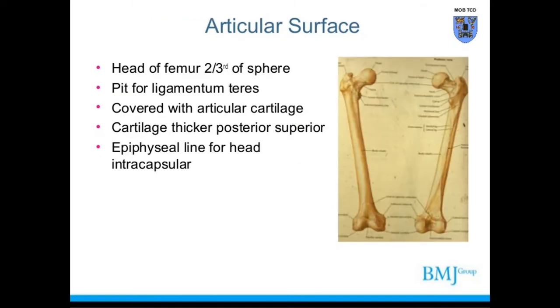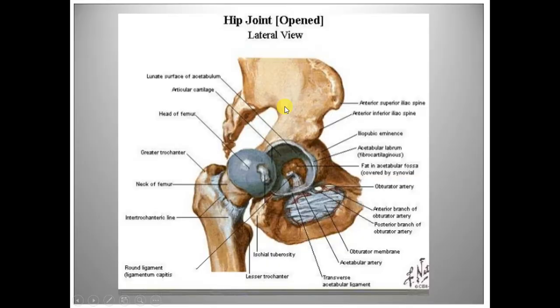The head of the femur is two-thirds of a sphere. If we recall the shoulder joint, the head of the humerus was one-third, but here the femur head is two-thirds of the sphere. And there is a pit over the surface that we have seen before.